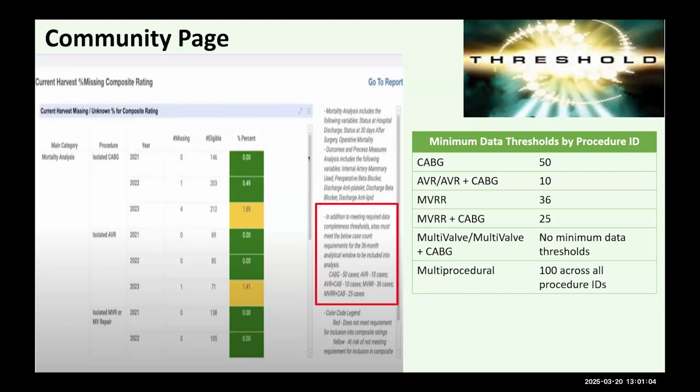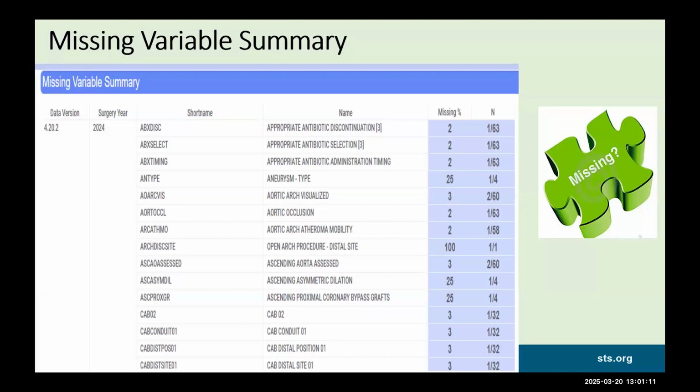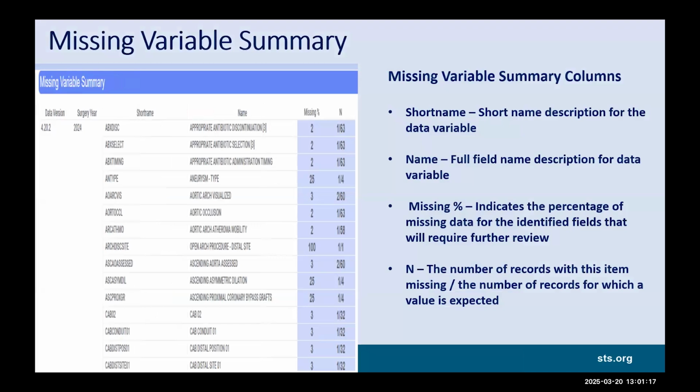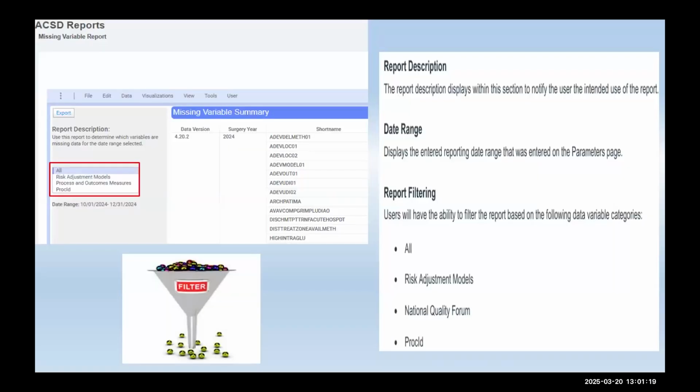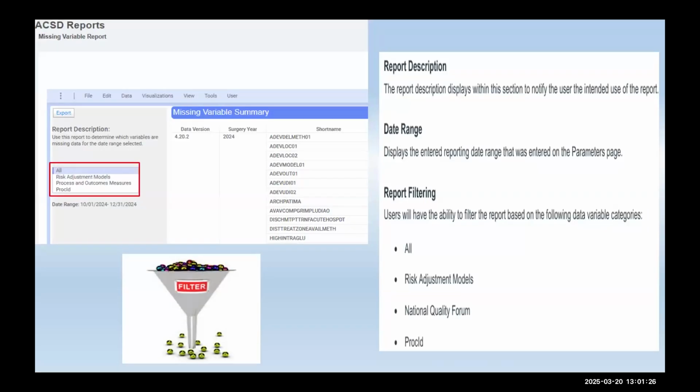So Jess is asking, in the missing variable report, there are numbers and brackets for some of the data elements. What do those mean? Numbers and brackets. Oh, I think she might be talking about the footnotes. Go back, you had the right slide a second ago.